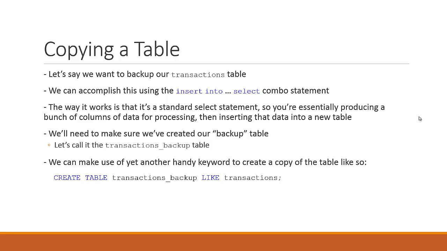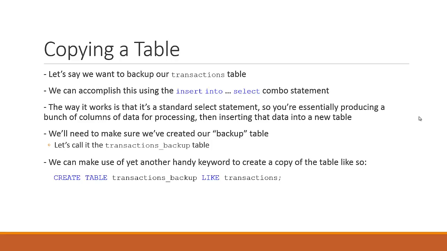We can make use of yet another handy keyword to create a copy of the table. Again, this is just a copy of the schema. This is not a copy of all the data within the table. So we're going to say create table transactions_backup. That starts just like any other create table syntax, but instead of listing out all the different columns, we're just going to say like, and name another table.